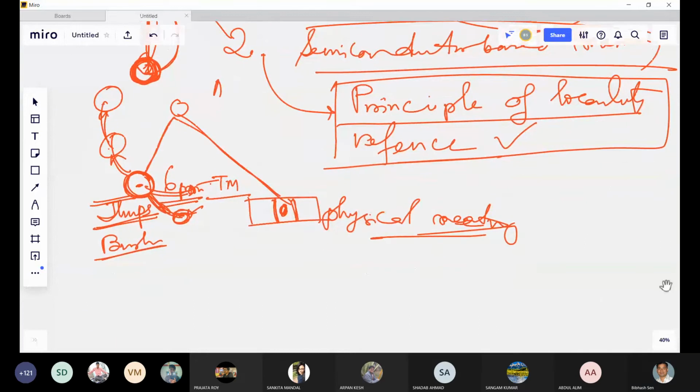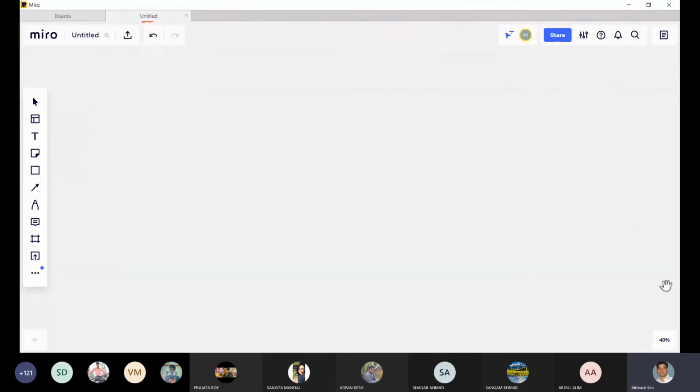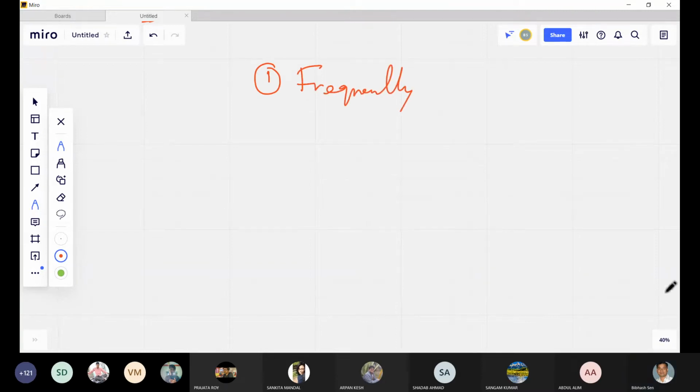What are the two situations? Mostly two criteria. One is that you frequently access these things, like a page or a calculator. Even in clothing, those clothes you feel very comfortable in and use regularly, you keep at the front of your cupboard.